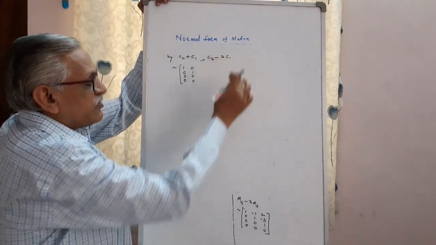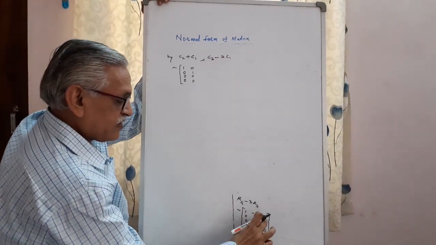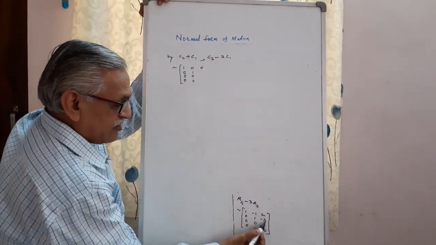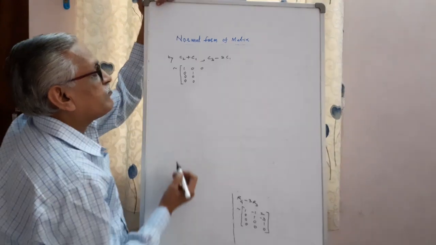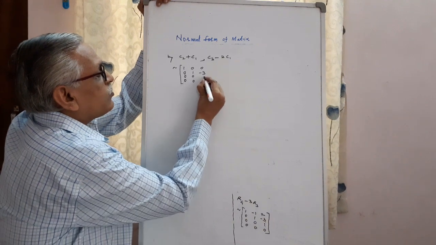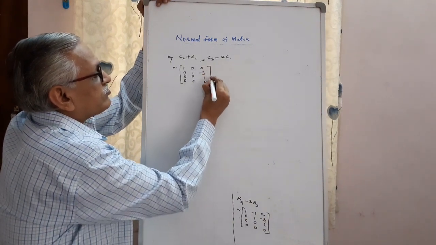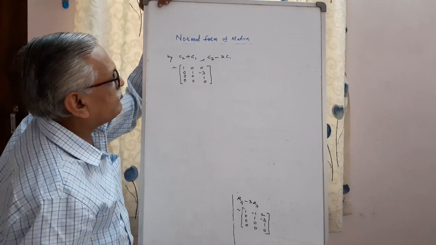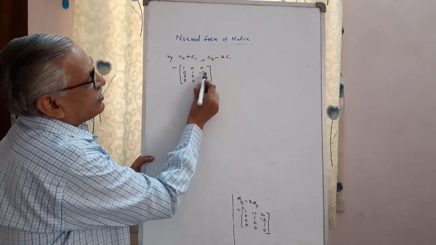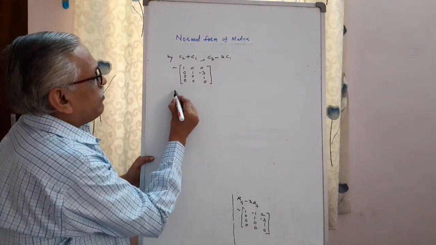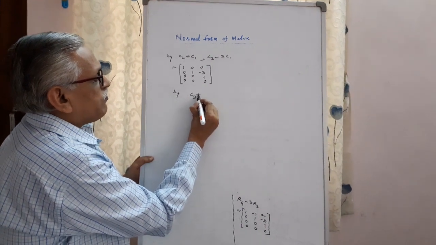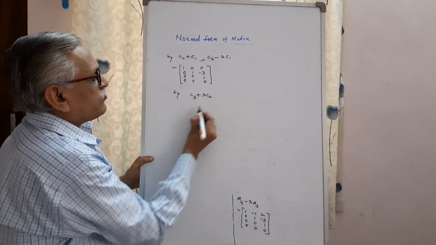Then next C3 minus 2 times C1, 2 minus 2 times 1, 2 minus 2, we get 0 here. Then minus 3 minus 0, no change, remaining 2 also as it is, as these are zeros. Then using the second diagonal with 1, convert it to 0 by applying transformation C3 plus 3 times C2.